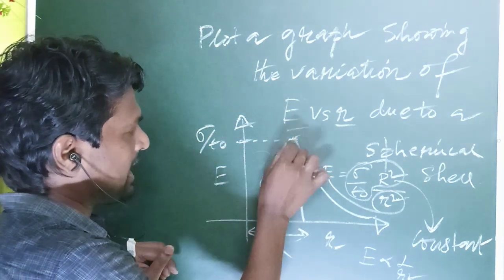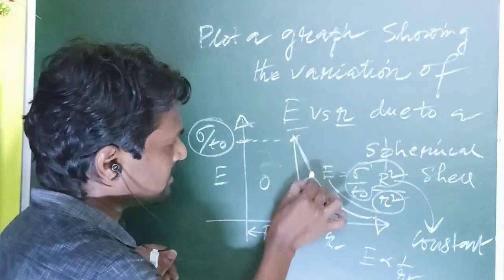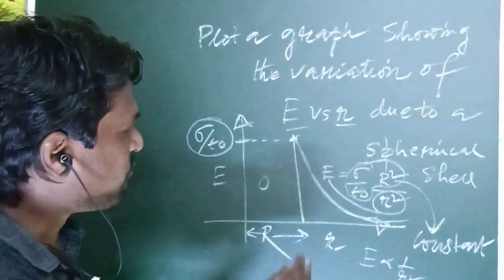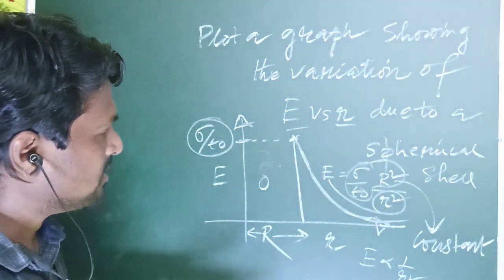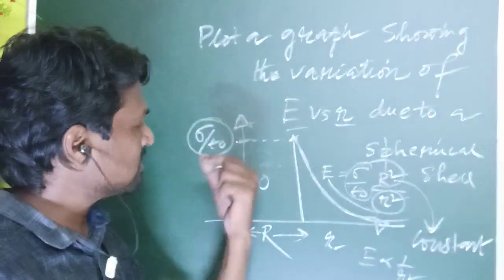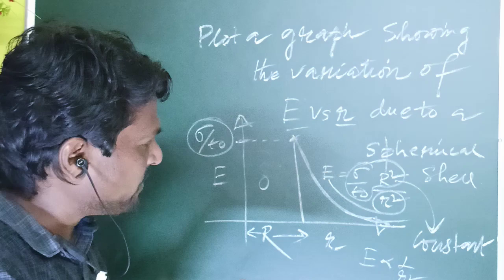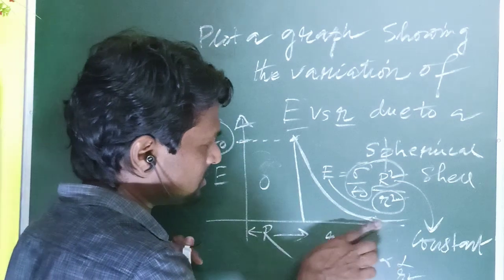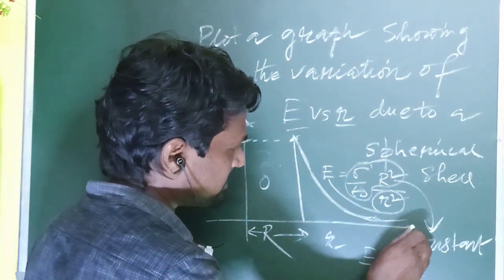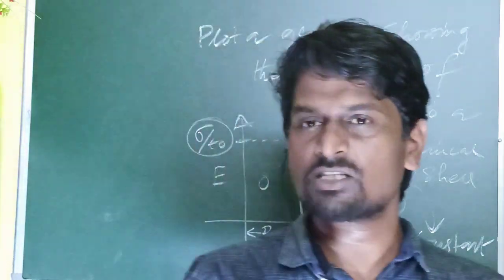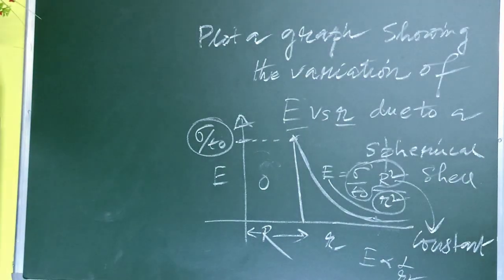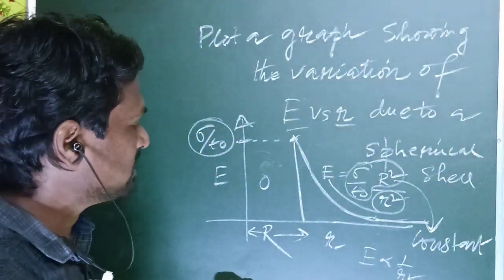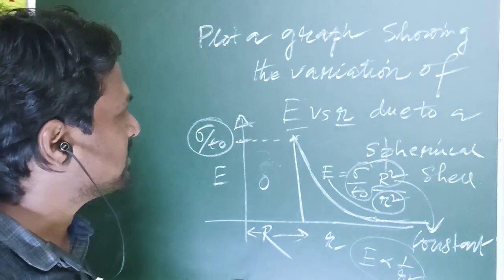So here it is 0, the electric field is at its maximum value on the surface, and then it decreases. Since it is a function of r, it cannot be 0 at some points outside; it is decreasing in nature, inversely proportional to r squared.